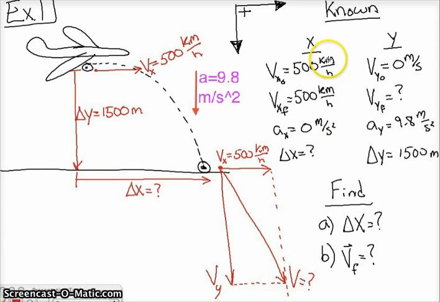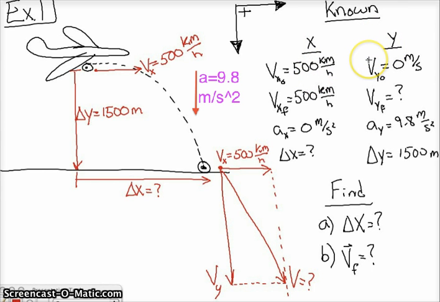As you can see here in the knowns, what I like to do is separate these knowns into two sections: the x direction knowns and the y direction knowns. I've done this because you don't want to put your x direction knowns with your y direction knowns in the equations. Remember, these are one-dimensional equations, or at least the way we're using them. So you need to keep track of the x's separate from the y's.